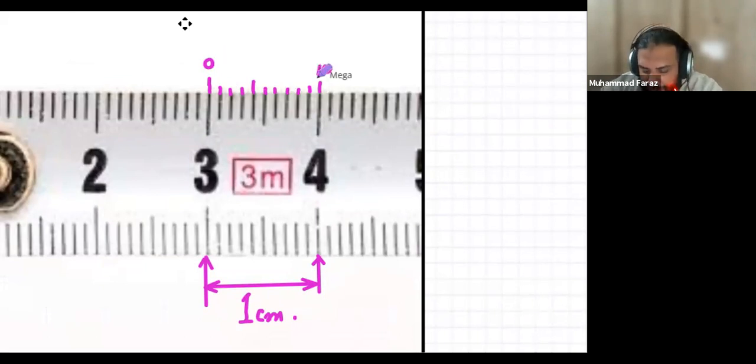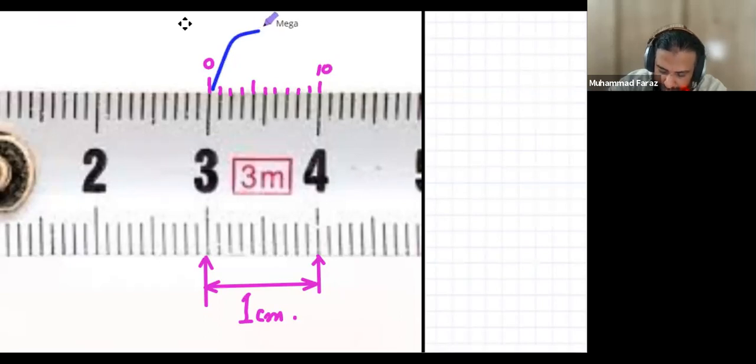You know the gap between these two divisions? I'm again talking about the gap in between. This gap is called 1, my bad, millimeter.